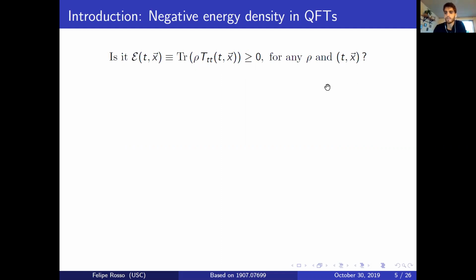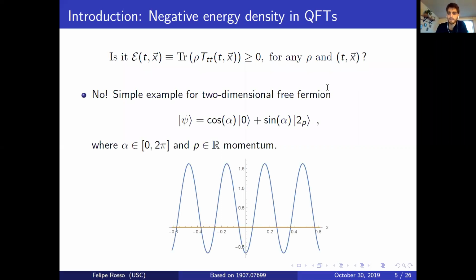This question is of course not new. It was considered many years ago, and the immediate answer is no. In my opinion, the best way to convince yourself that this is true is to find a simple example. So if you consider a two-dimensional massless free fermion, and you take this state psi, given by this expression over here, we have the vacuum state and a two-particle state of some momentum p. This is basically the vacuum state acted on by A dagger.